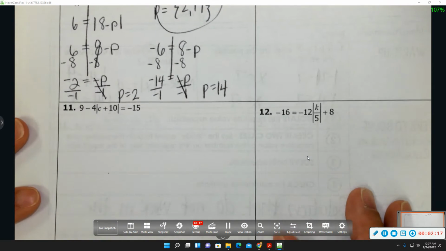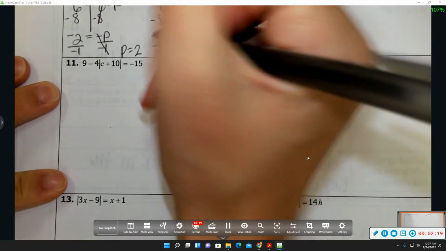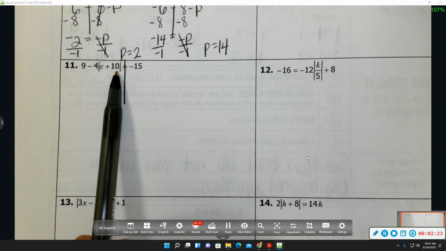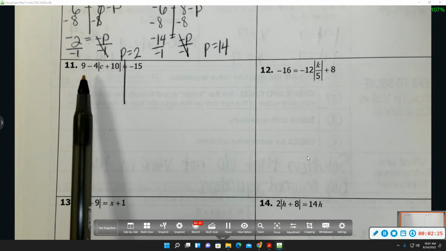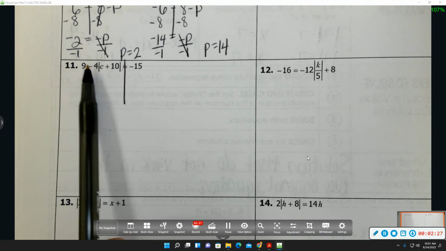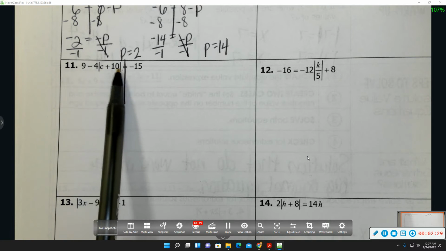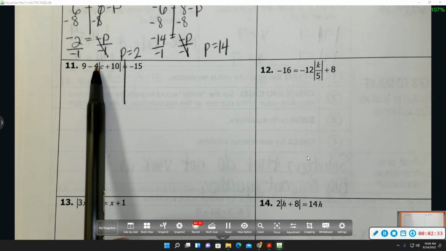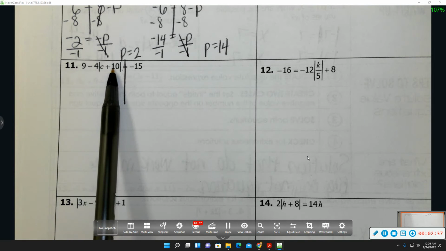So looking at number 11. Now this one might seem a little confusing, but if you look here, you have a 9 minus 4 outside the absolute value. So you want to get rid of the 9 and the minus 4. Well, if you think about the 4 being up next to the absolute value, that indicates multiplication.